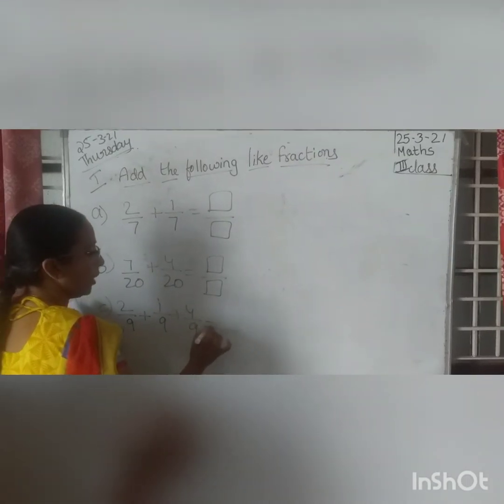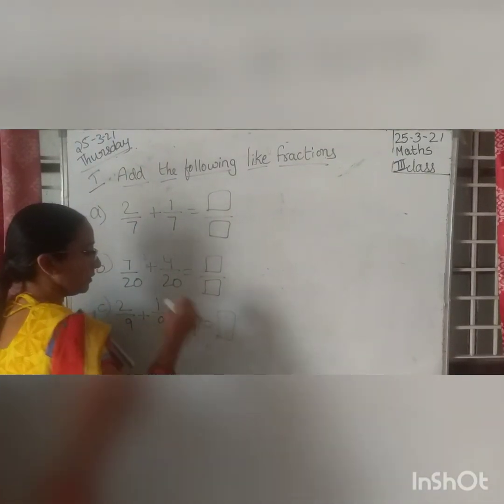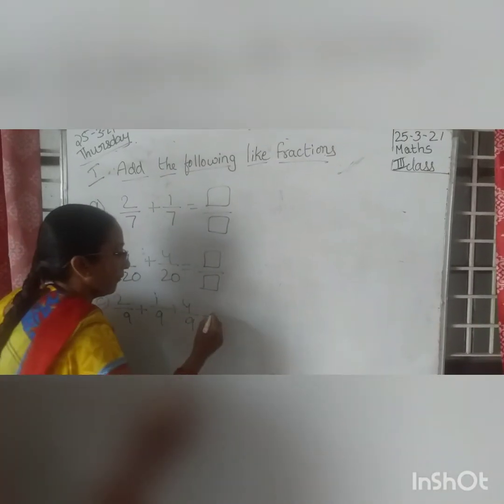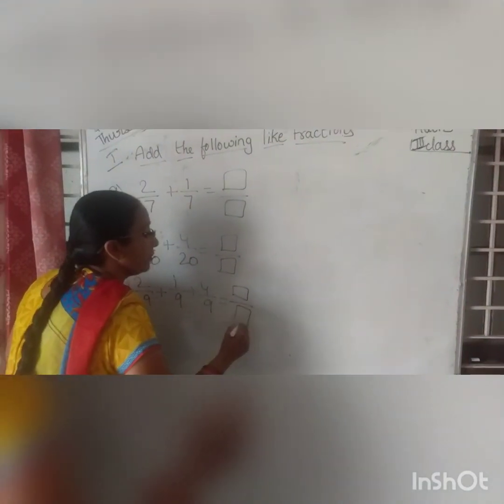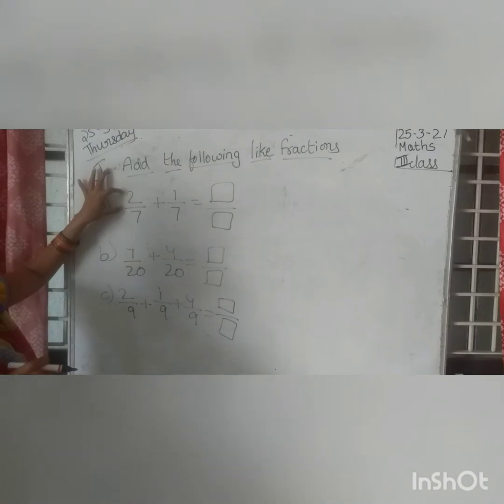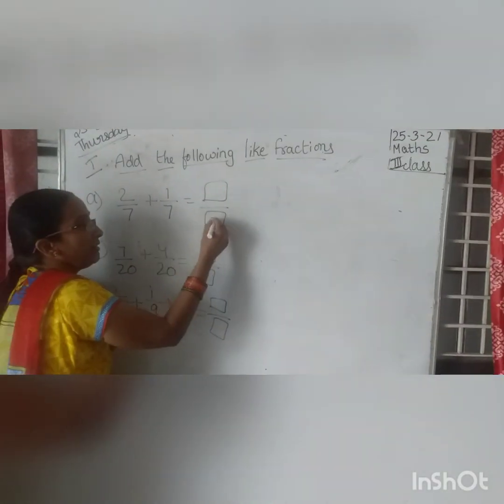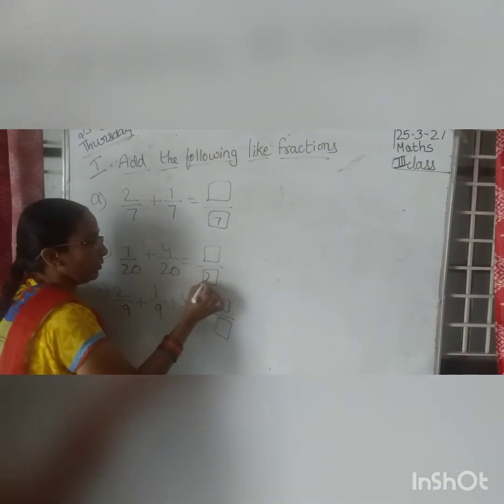Yes, look how we are going to add this. How will you add this, children? You are going to add only the numerators. Add only the top number, and write the bottom number the same. Where is the bottom? 7. Write 7 here. Here 20, 20, 20 only.